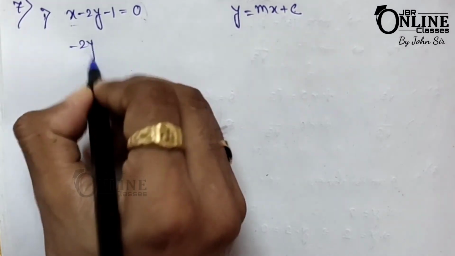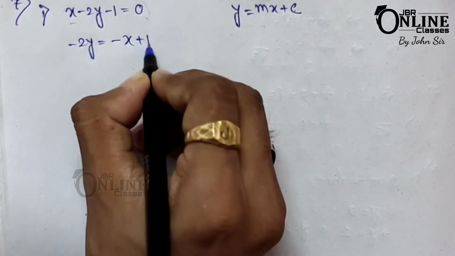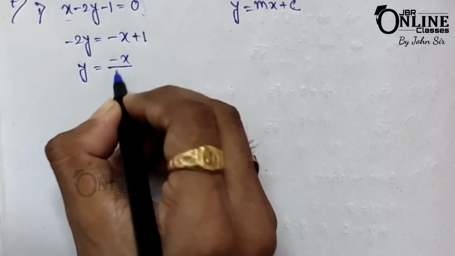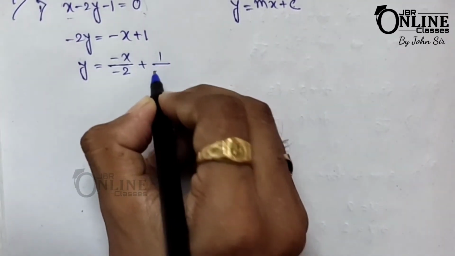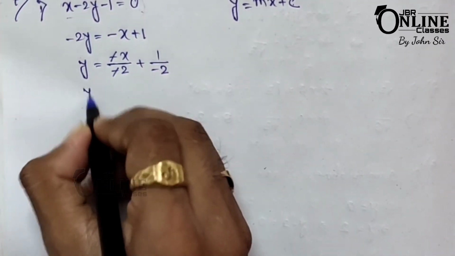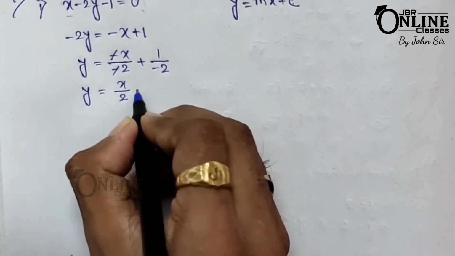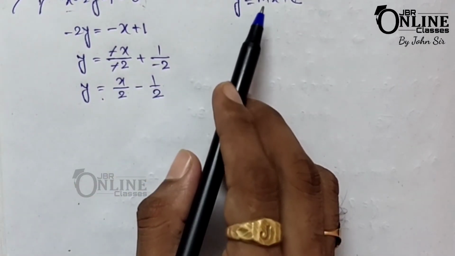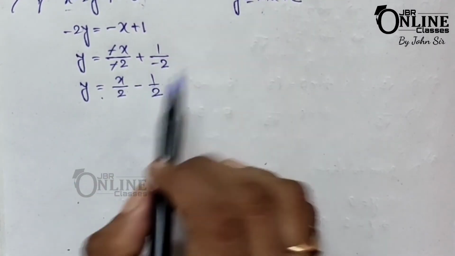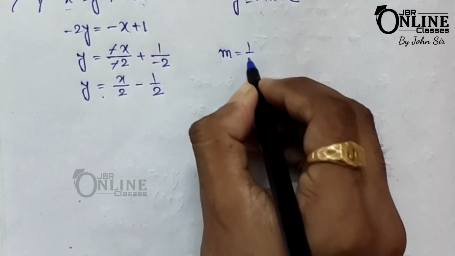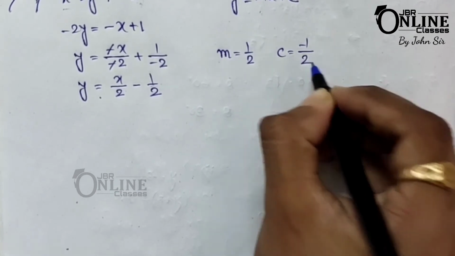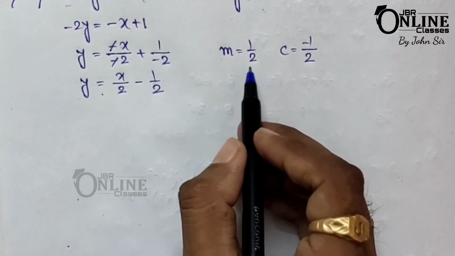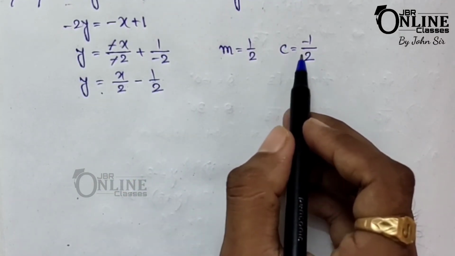So here minus 2y equal to minus x plus 1, and then y equal to minus x by minus 2 plus 1 by minus 2. So here minus minus cancel out, then y equal to x by 2 minus half. Okay, now this equation looks like the standard form. So if you compare these two equations, then you will get here m equal to half and c equal to minus half. Here m equal to half, that means the slope of this equation equal to half, and y intercept equal to minus half.